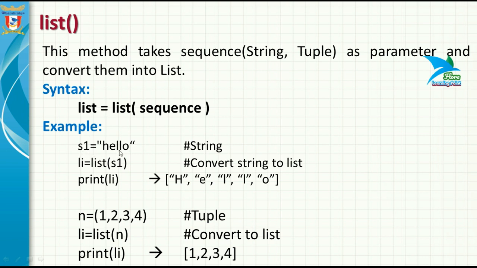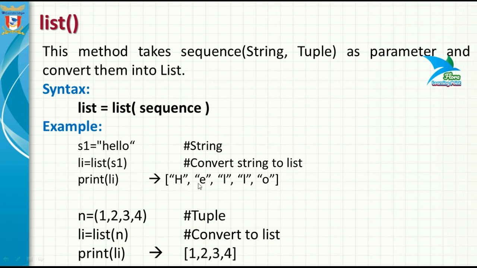For example, here we have a sequence s1 is equal to hello. That means it's a sequence of which type? String type. Next I want to convert the elements of this string into a list. So we use the list function, and we pass the string variable as a parameter to this function, and it will convert the string to a list.